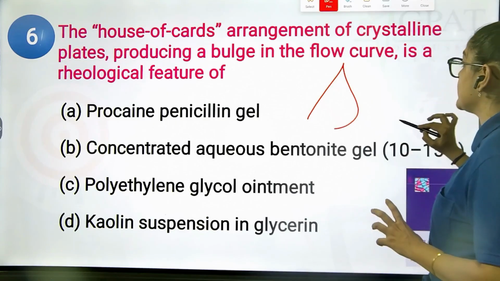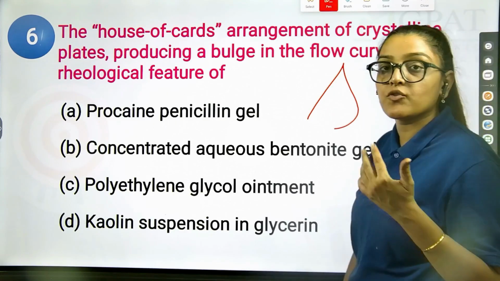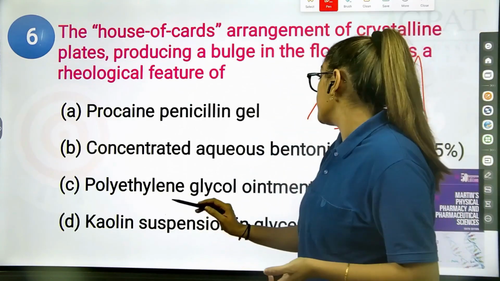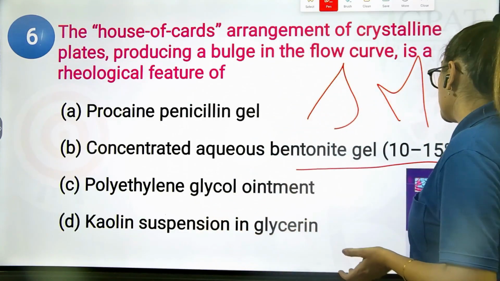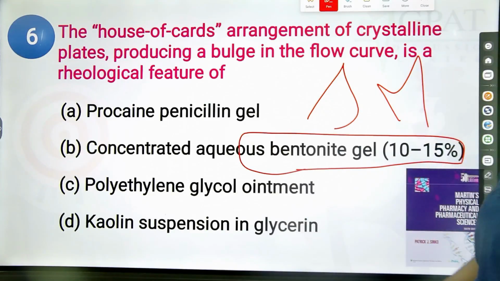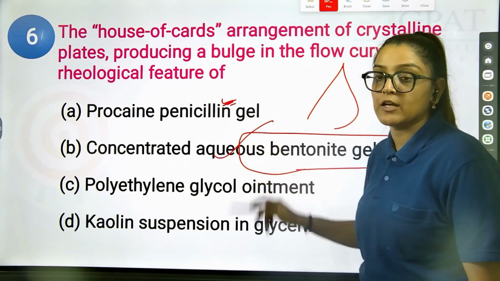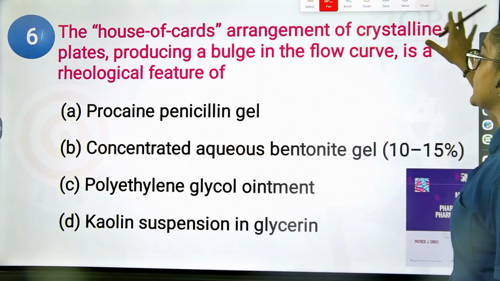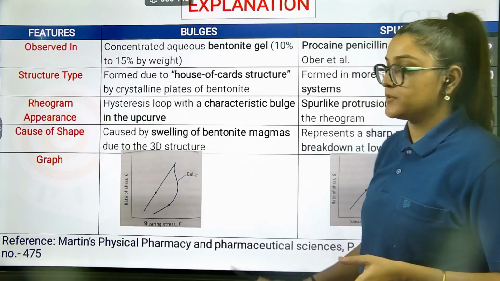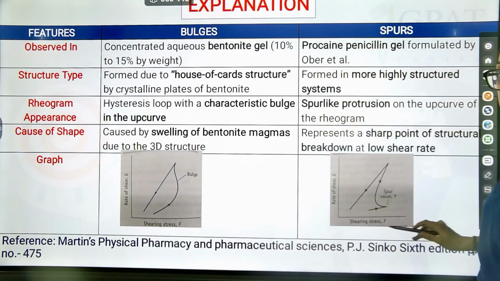In the spur it is somewhat like this. So in the bulge we say there is a house of card like appearance. And the example of the bulge is going to be the bentonite gel, right? For the spur, it is going to be the procaine penicillin gel. So this is for the spur, but house of card will be option number B, bentonite gel. Okay, for the bulges, option number B. Okay, you can see here bulge, and here we have spur.